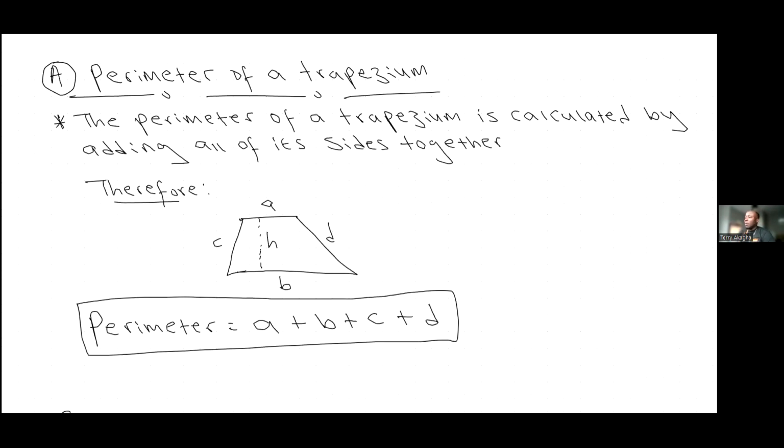So quickly, I'm going to just go straight to finding the area. So how do you find the area of a trapezium? The area for a trapezium is similar to how we've been finding the area for a rectangle and a square.